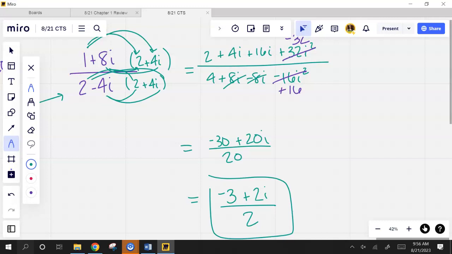Because anytime you have a complex in the bottom, you have to change the sign when you multiply. That's the only way to get the i's to go away. Can't have a square root in the bottom and an I is a square root. When you multiply conjugates, i's go away.